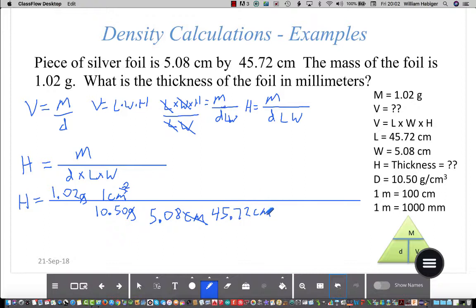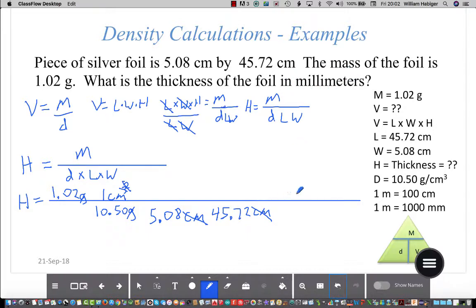So then we put our last dimension on the bottom as well because we're dividing by it. And that centimeter is going to cancel out our square, and we're going to be left with centimeters, which is what we want. We want a unit of distance or a unit of length. That's what a thickness would be measured in. Centimeters or meters or millimeters or something like that. So it doesn't specify, actually it does specify, it wants it in millimeters.